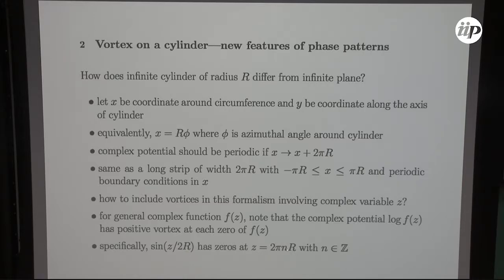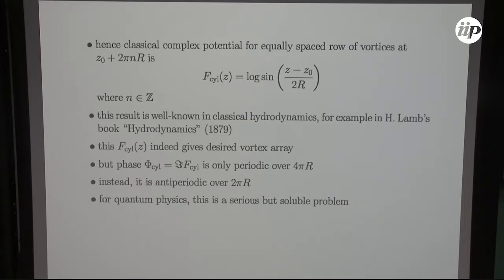And that has zeros equally spaced in the right places. So you just write down what looks like the classical function, log sine of this. Now, this is actually in Lamb's book. And it's a perfectly good classical solution.